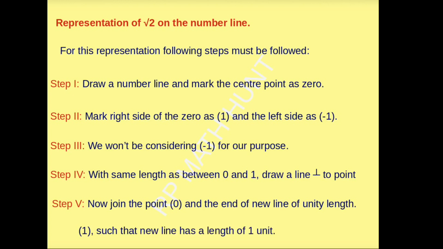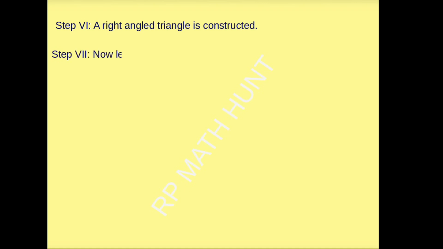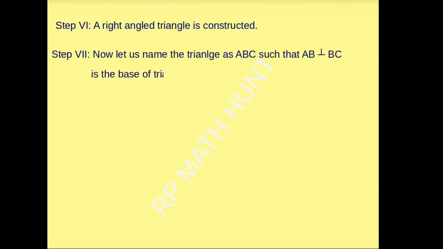Step 6: A right angled triangle is constructed. Step 7: Now let us name the triangle ABC such that AB is perpendicular to BC. AB is the base of the triangle and AC is the hypotenuse of the right angle triangle ABC.